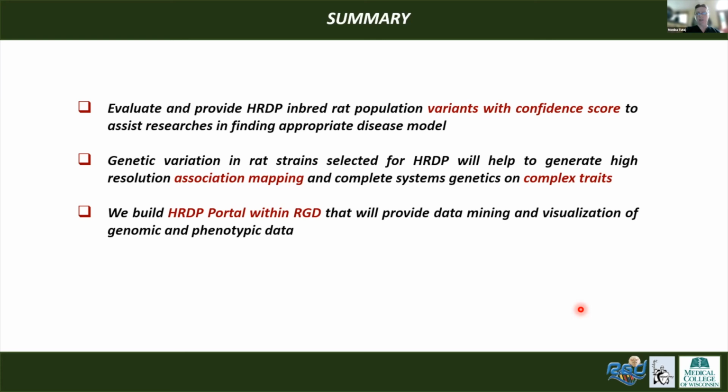Having a good set of variants is essential to build high resolution association maps and also to study complex strains. As I showed you PolyPhen, but we need to implement more damaging-prediction tools like SIFT, as we want to see the bigger picture, especially between strains, as it's not one gene.